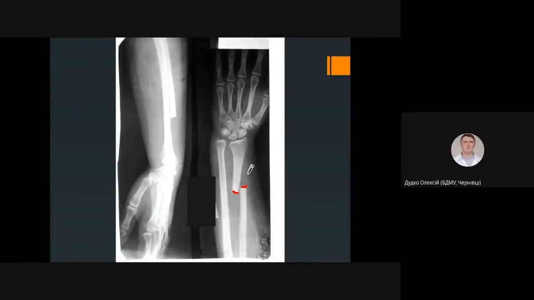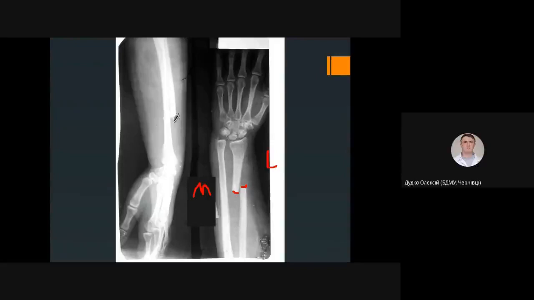We have a full displacement of the radius to the ulnar side, or to the medial side. In the anatomical position, that would be the lateral side and that would be the medial side. So we have a medial displacement of the radius.